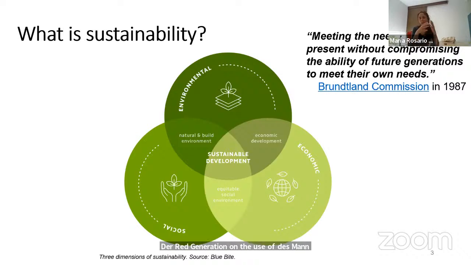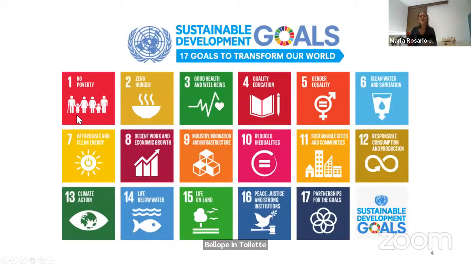However, after this term was established, the United Nations developed in 2015 a series of more concrete goals about how to achieve sustainable development. Probably many of you are also familiar with the 17 Sustainable Development Goals that we want as a society to achieve by 2030.